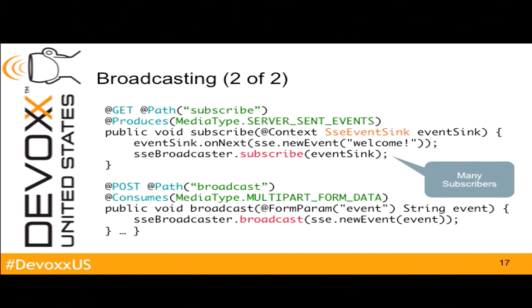And so the broadcast is the one that when we send the message here, then that message is going to be forwarded to all the clients or all the sinks that are associated with that broadcaster. So it doesn't really matter that we're using a multipart form data media type here. All that matters is that we're getting a string event, and we can use the broadcaster that we created to broadcast that message to all the clients.